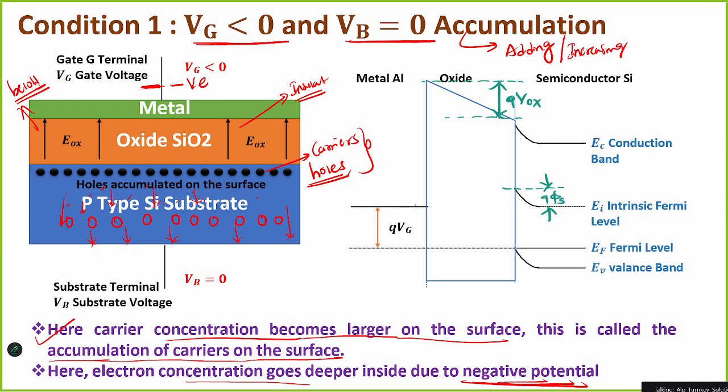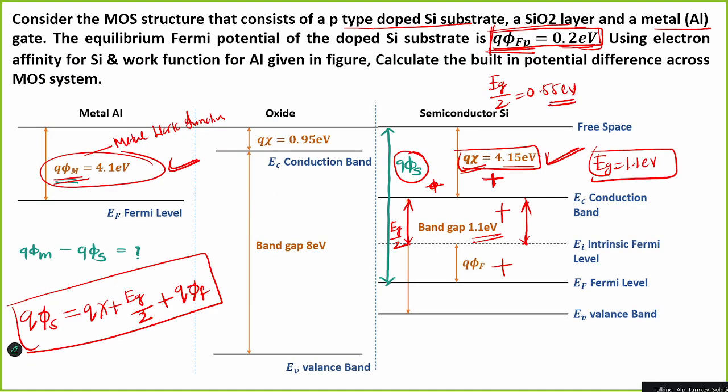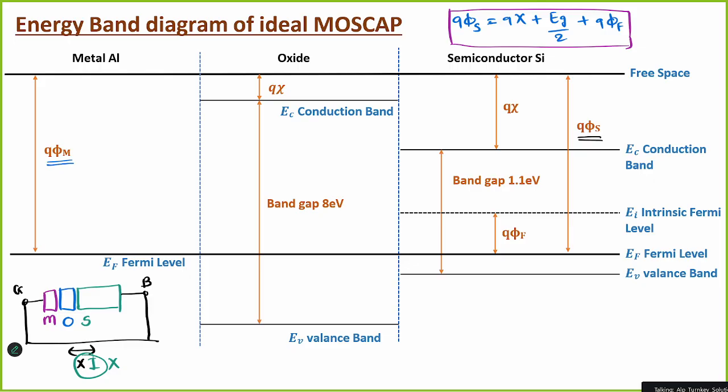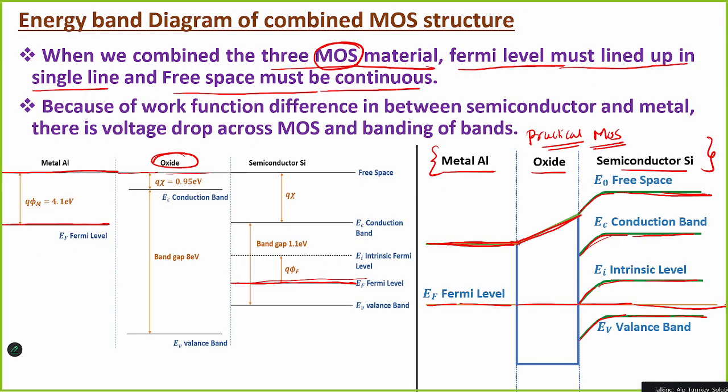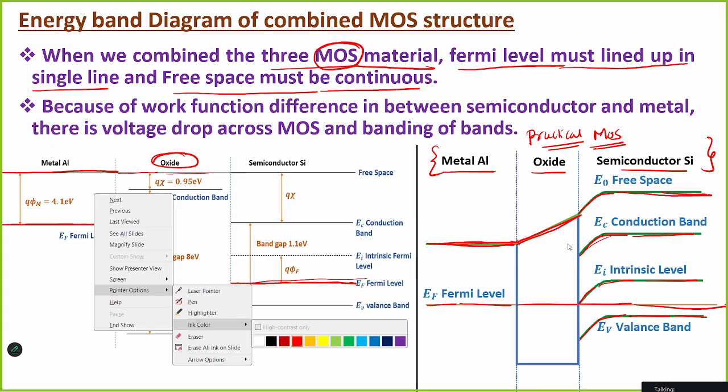Coming to the energy band diagram, this is Q into Vg at the metal. Accumulation of holes is happening. Initially, how will the energy band diagram look? We already saw it, it will look like this.